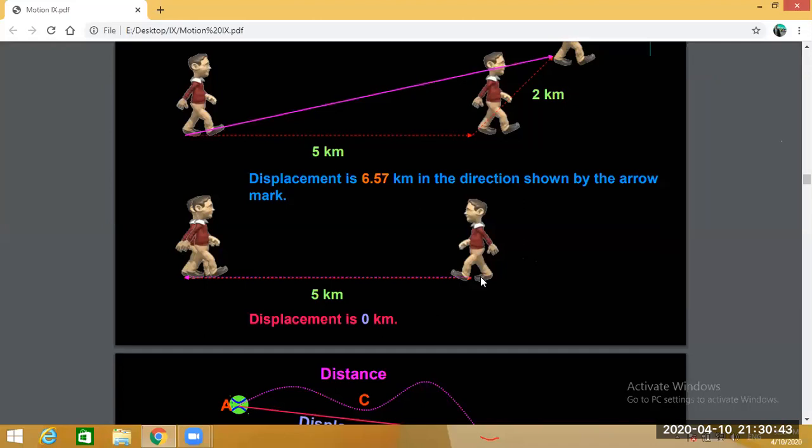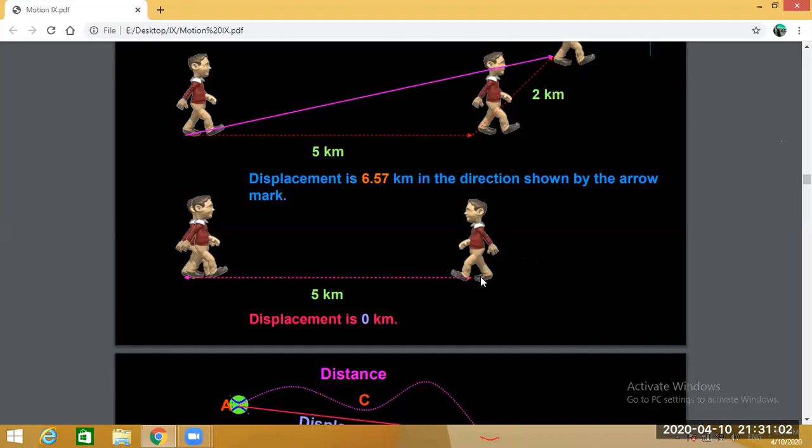So this displacement can be represented as minus 5 kilometers. Now, the total displacement traveled by the person is equal to the sum of displacement in the forward direction and that in the reverse or backward direction.